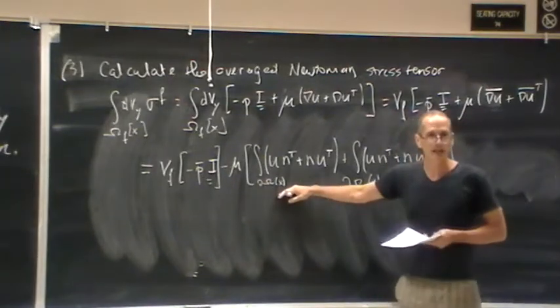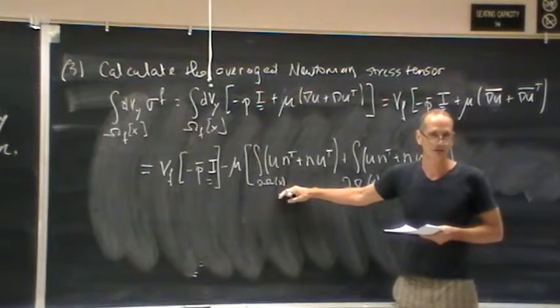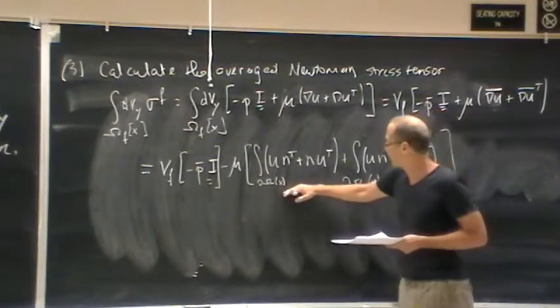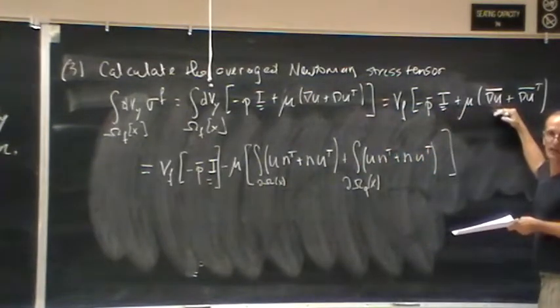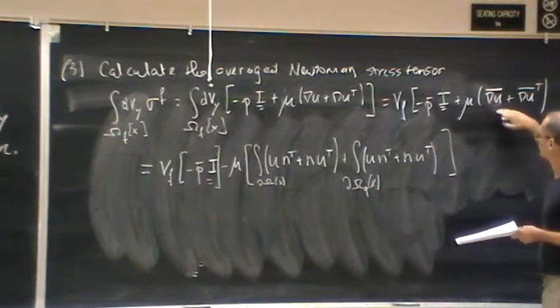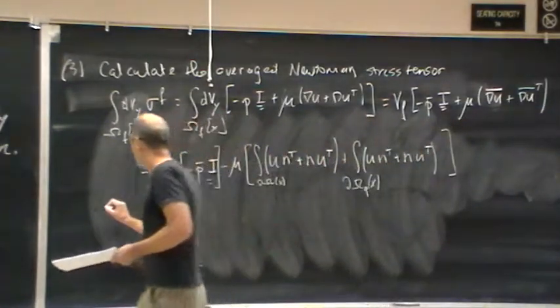That has to do with my definition of what an average was. I don't like this. Right? I don't want to have this floating around. It's an artifact of some sort. And it's an artifact that comes up because what I have in here are the average of gradients, grad U averaged.